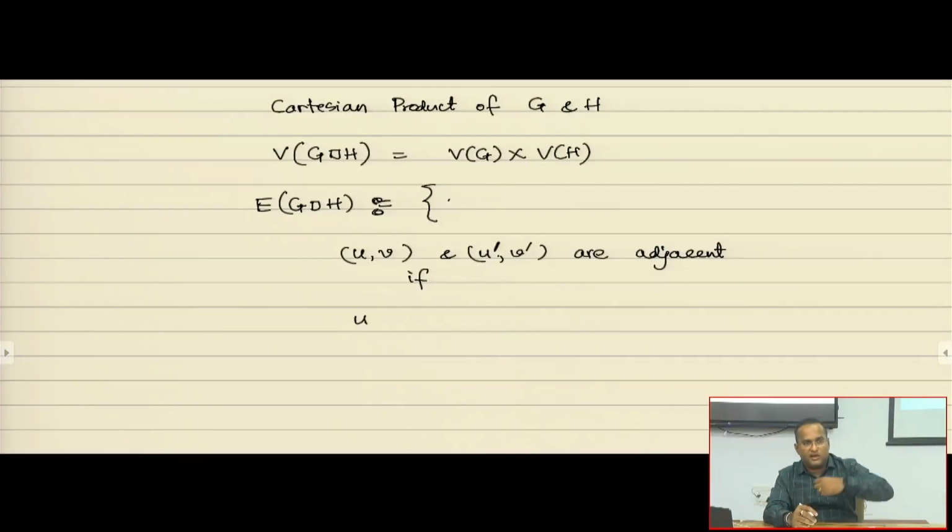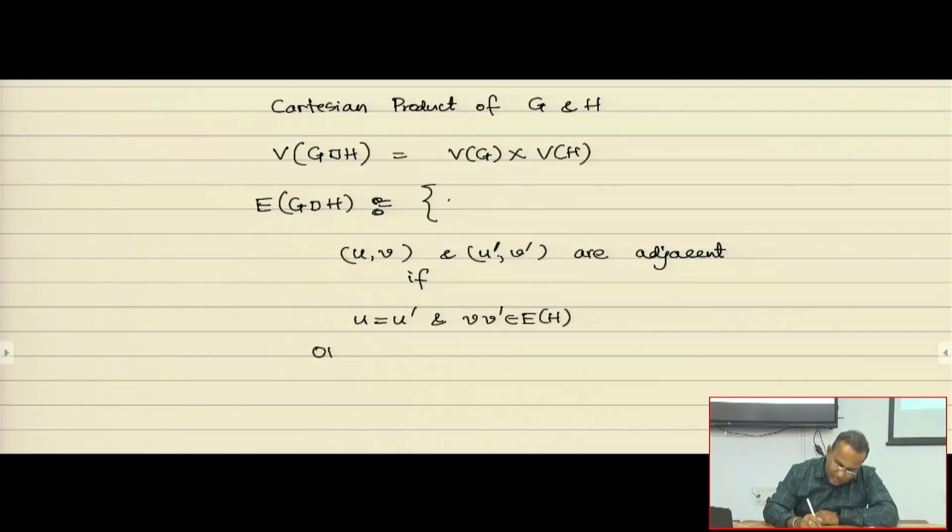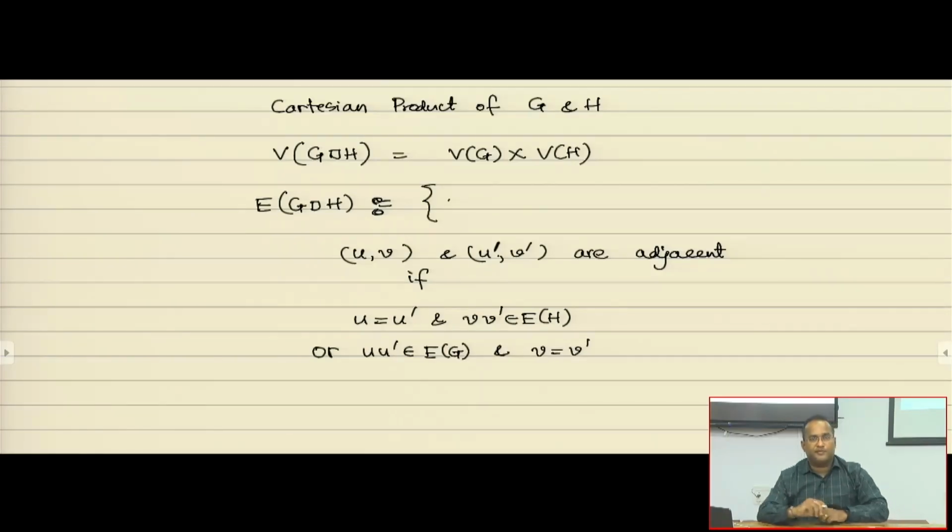if they are equal in the first coordinate, they have to be adjacent in the second coordinate, right? If u is equal to u' and vv' is an edge of H, or uu' is an edge of the graph G and v is equal to v', right?